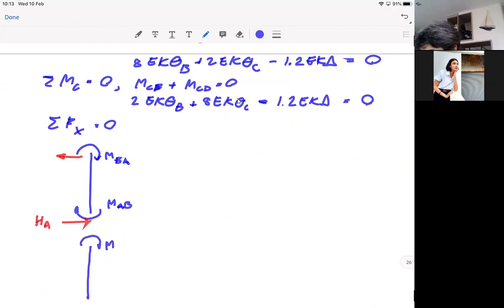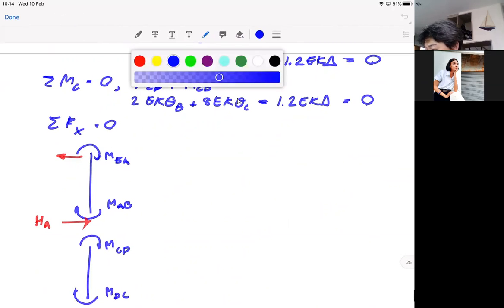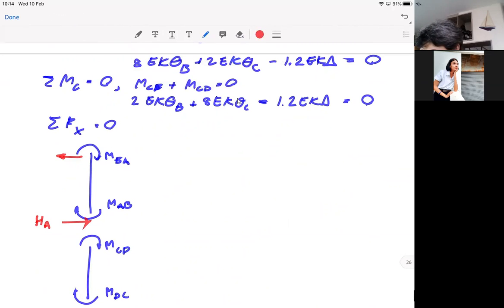This time it is MCD, MDC, and to complete the free body, it's not really complete, because if it's a complete one, you need to have the axial force, right? But this is HD.